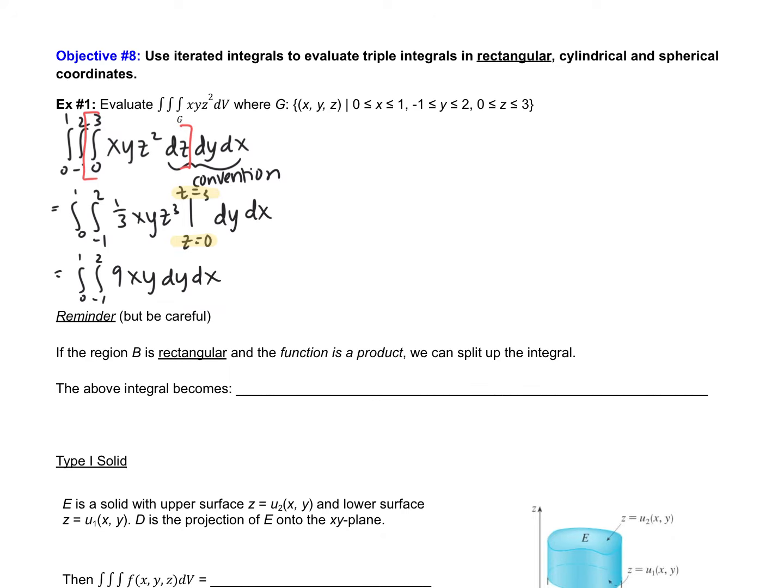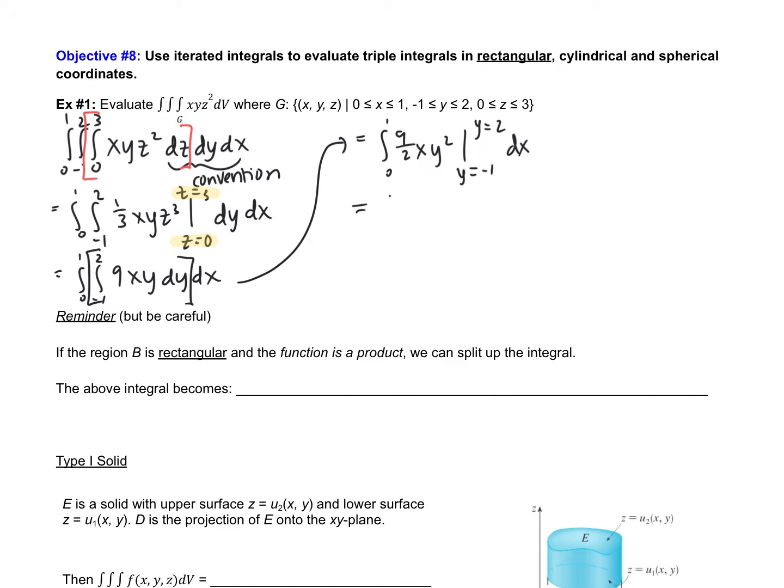So now we're integrating with respect to y. Again, just this integral right here. So x is just a constant. When we do that, we're now integrating from 0 to 1, and we have 9/2 xy squared, evaluating from y equals -1 to y equals 2.